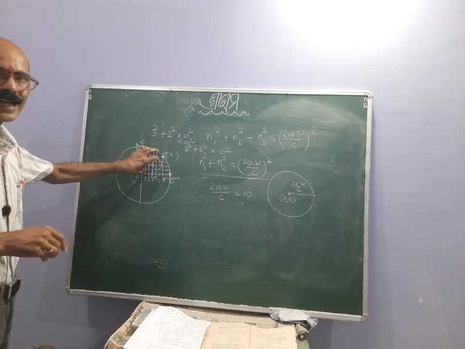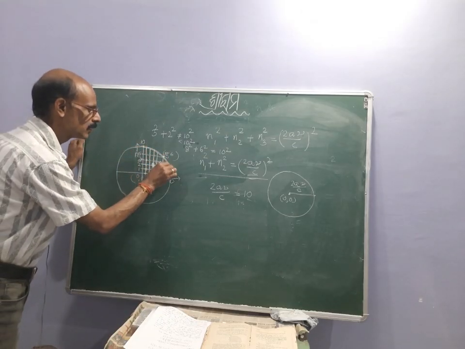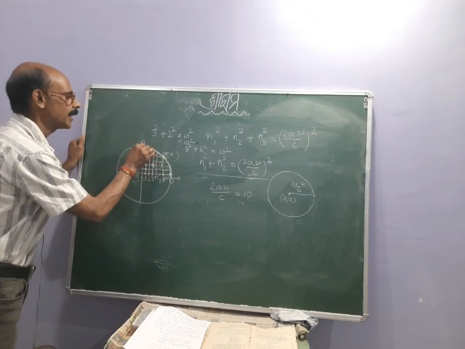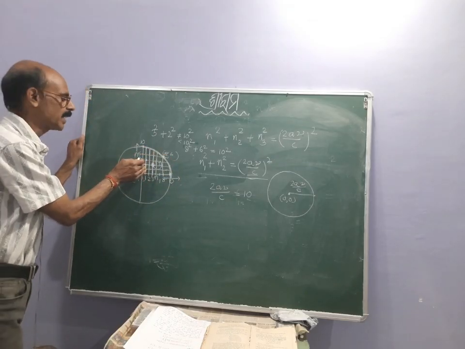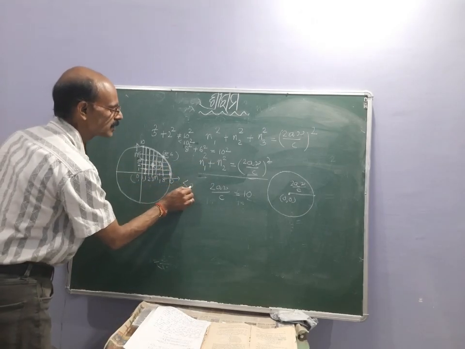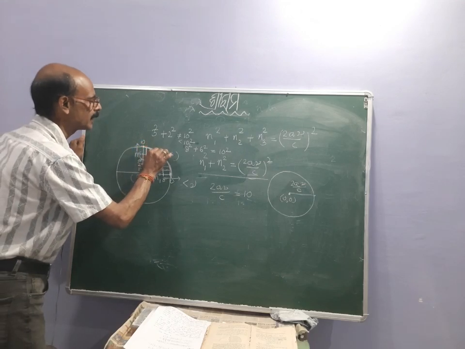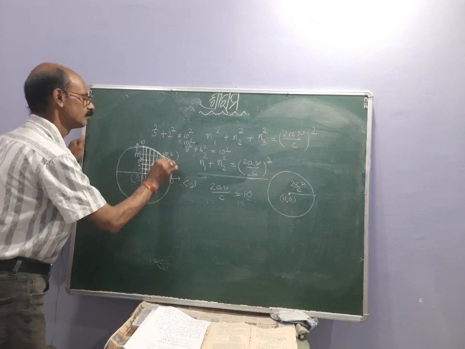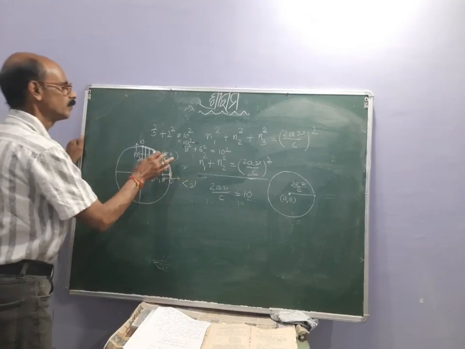So those sets of n1 and n2 which lie inside the circumference are of frequency less than nu, and those which lie on the periphery belong to frequency nu.